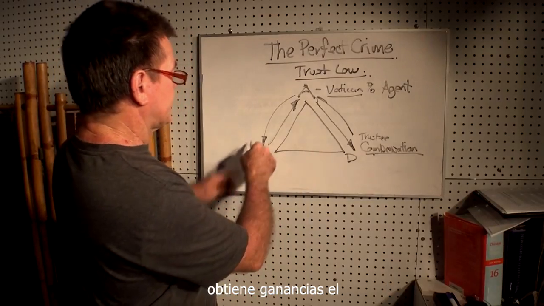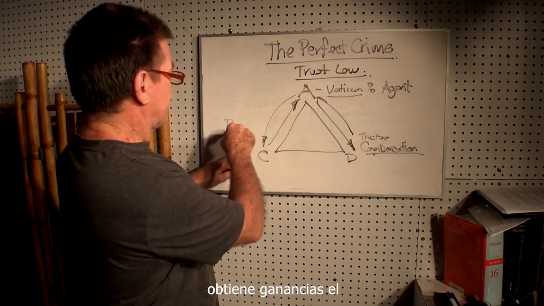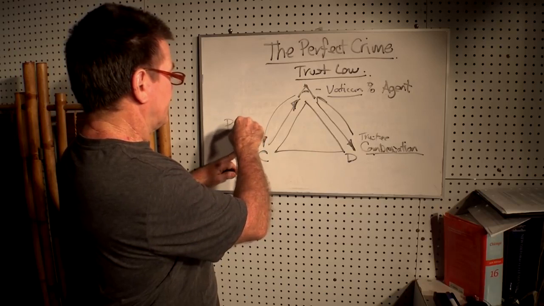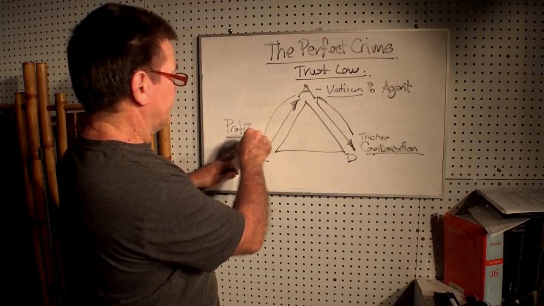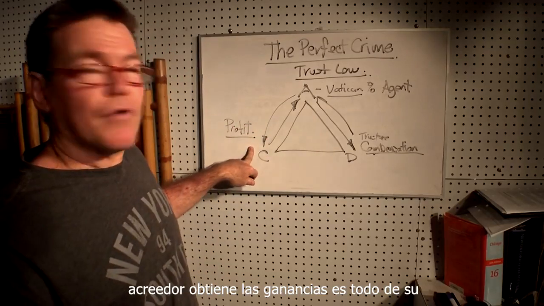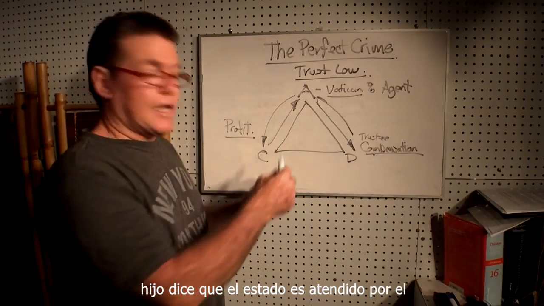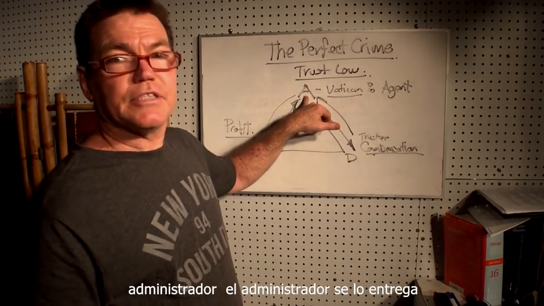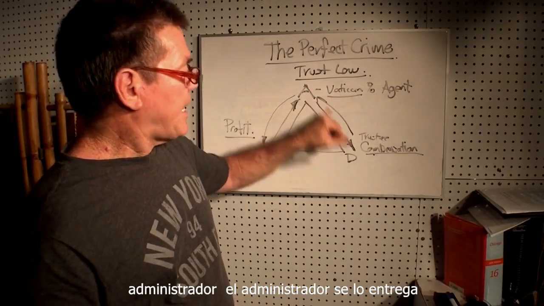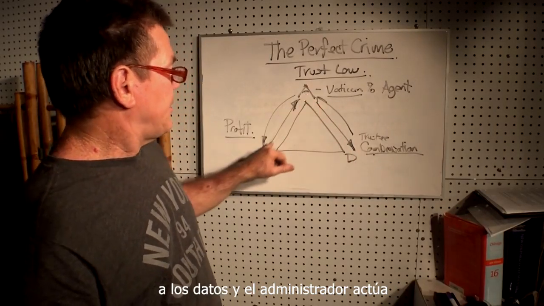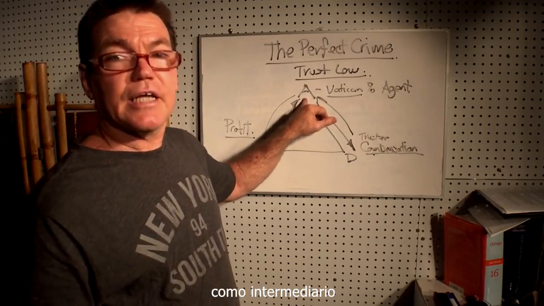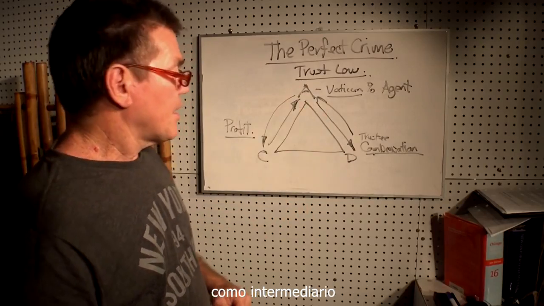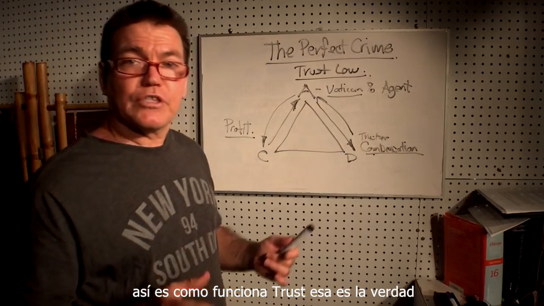The creditor gets the profit, gets all of his estate looked after by the administrator. The administrator hands it to the debtor, and the administrator acts as the go-between. That's how a trust works.